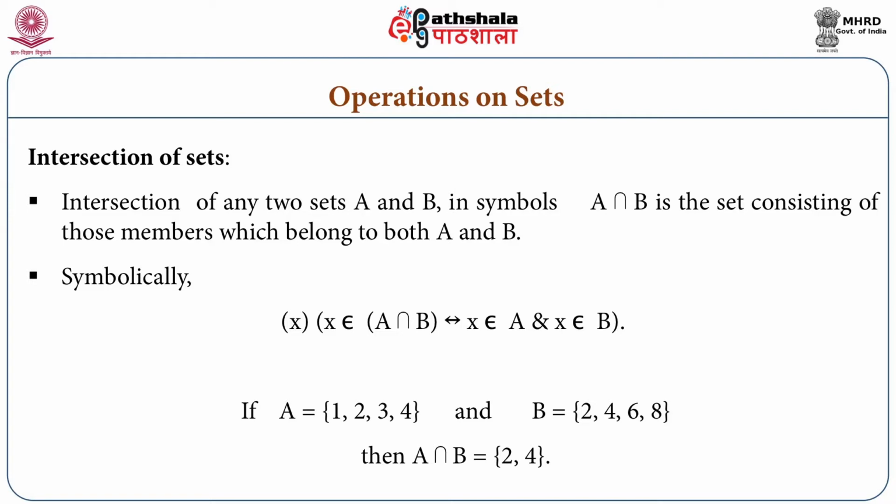Here, when we define the intersection of A and B, what are the common elements? We see that 2 is a member of A and 2 is also a member of B. 4 is a member of A and 4 is also a member of B. So the intersection of A and B gives us another set, {2, 4}.